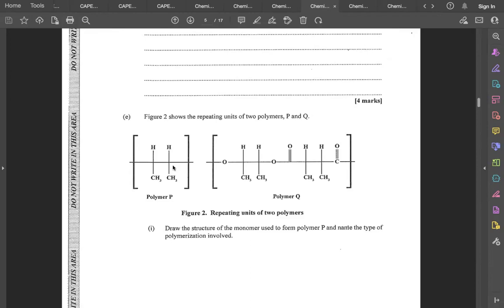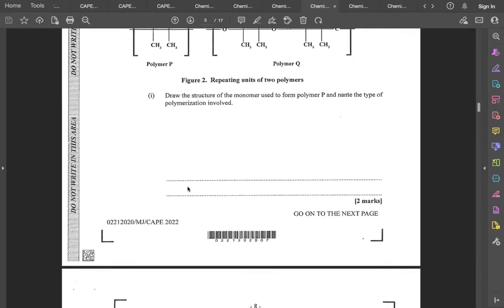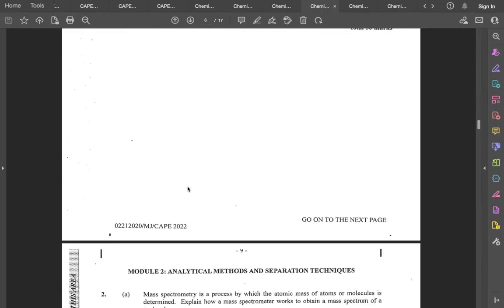What would you use to hydrolyze an ester, guys? In the ordinary fashion, if it wasn't a polymer, how would you hydrolyze an ester into its constituent units? What reagent would you use ordinarily?